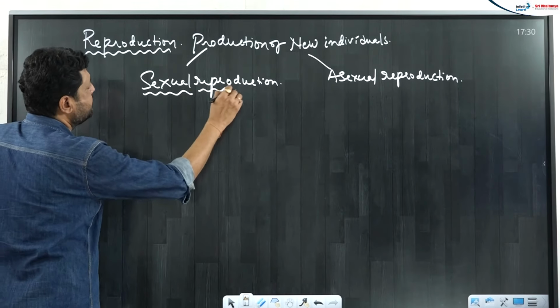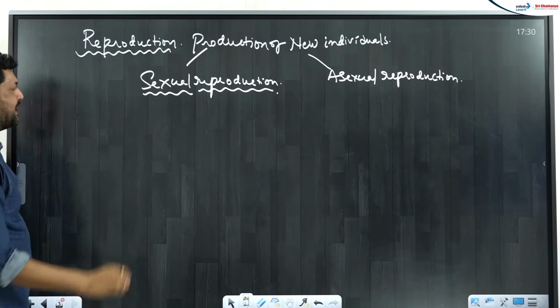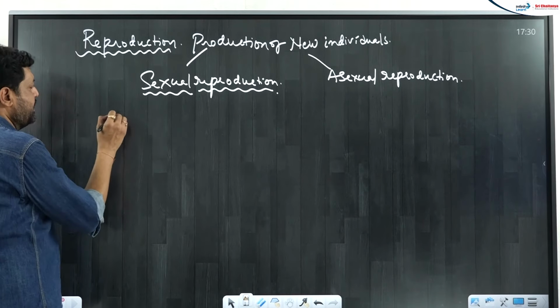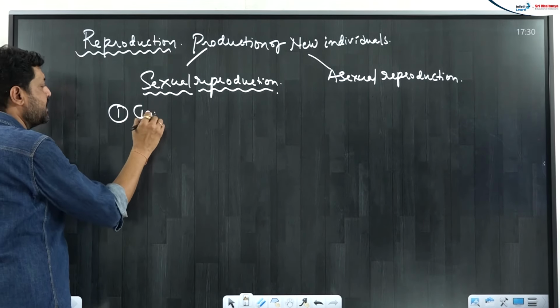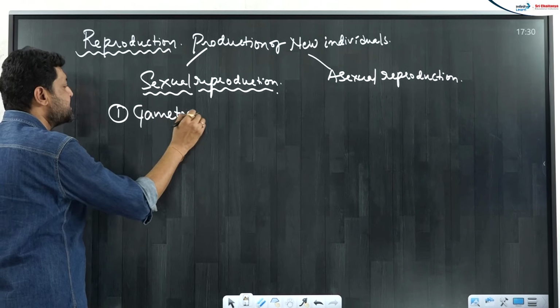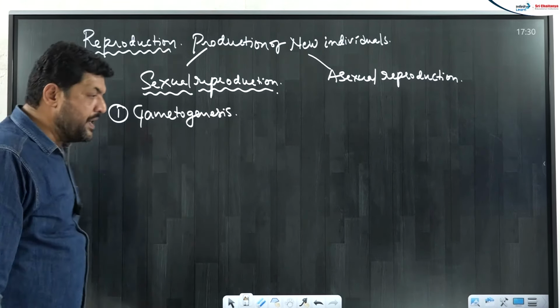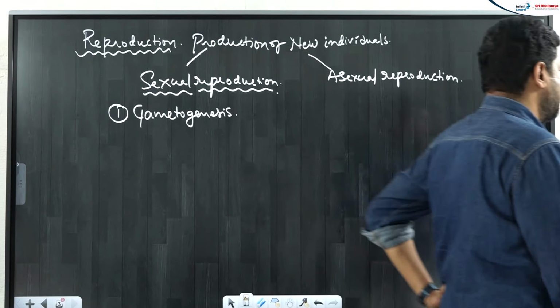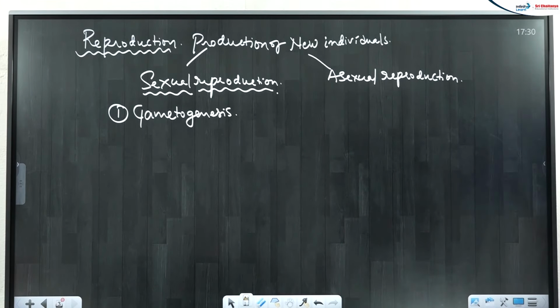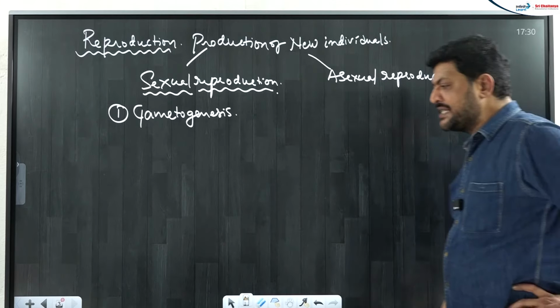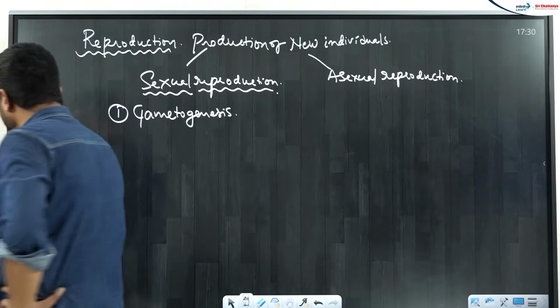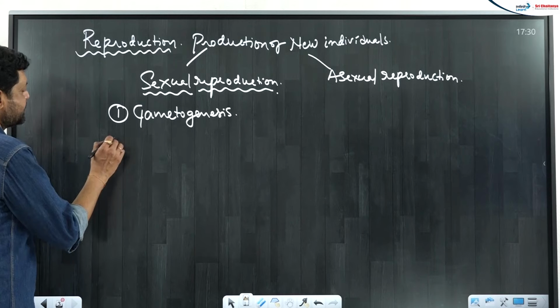Sexual reproduction means there should be 3 events that should happen. The first event is gametogenesis. In male, sperm formation. In female, egg formation. Spermatogenesis and oogenesis is the first step in sexual reproduction.